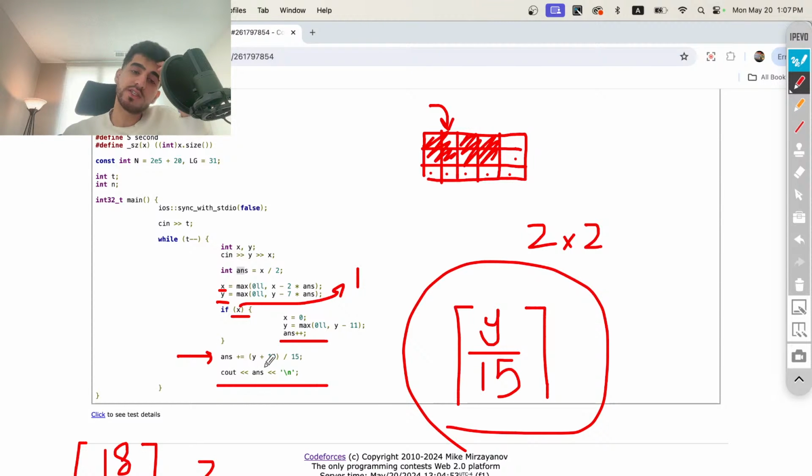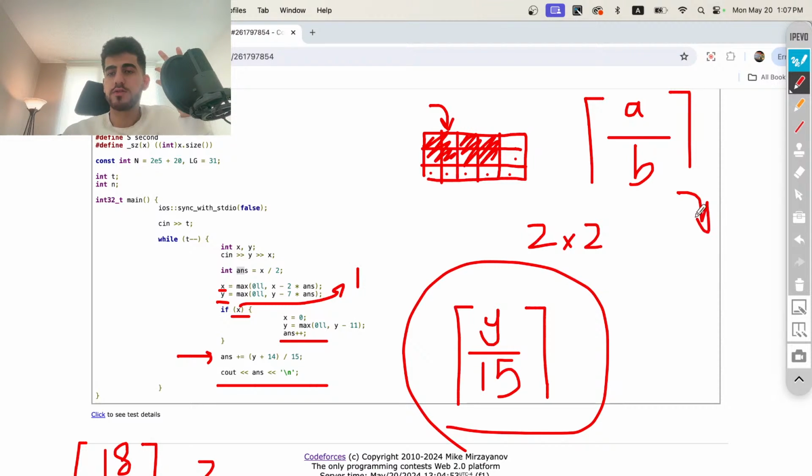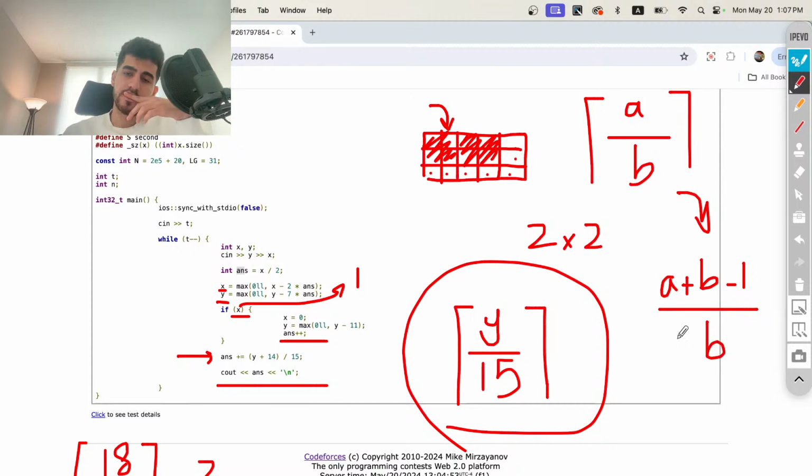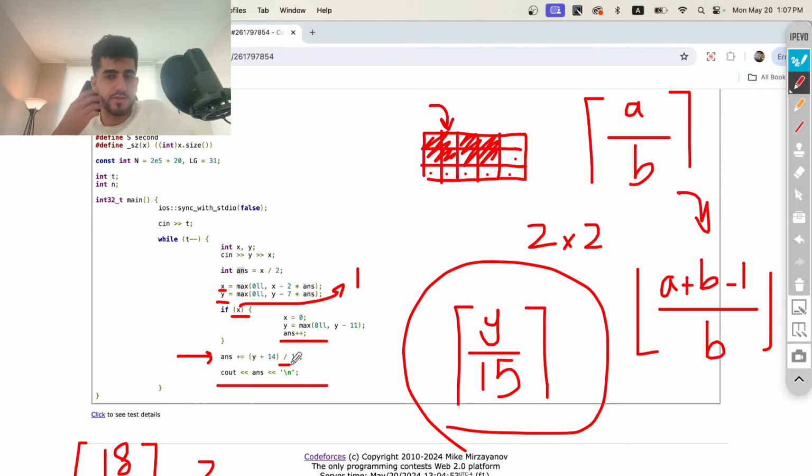So whenever we want to calculate the ceil of A divided by B, we can simply say that it is equal to floor of A plus B minus 1 divided by B. Because division with integers by default calculates the floor, I just add 15 minus 1 to it.